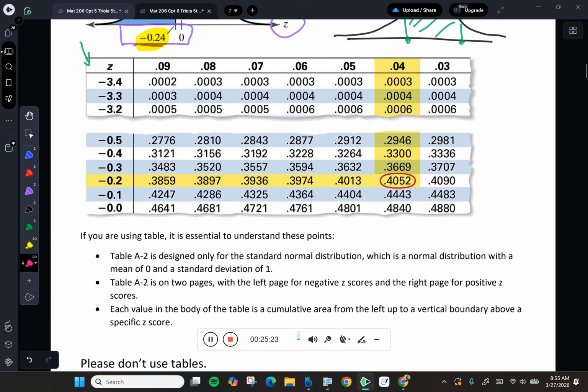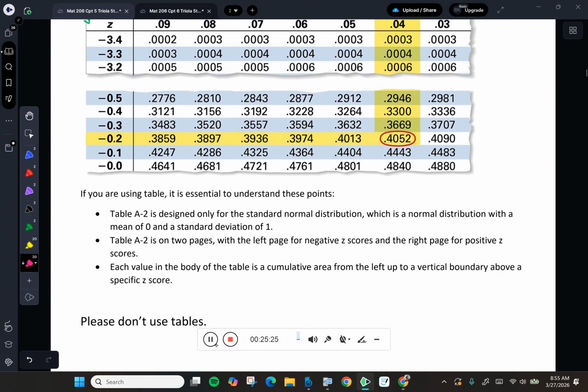So the homework is going to reference this table A2. The A2 table is for z-scores only for standard normal distributions, which means you have to have a mean of 0 and a standard deviation of 1. The table is split up into two pages.